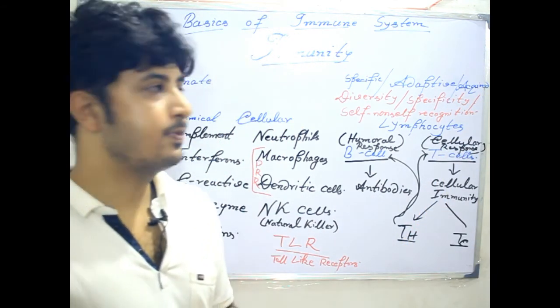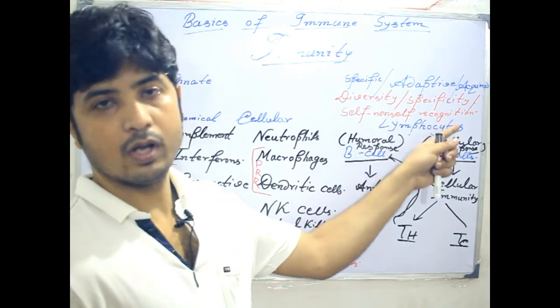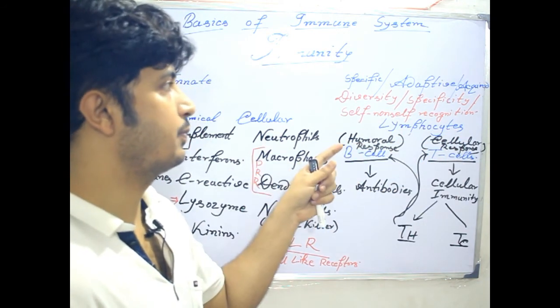So these are the three principles of specific, adaptive or acquired immunity on which they work.